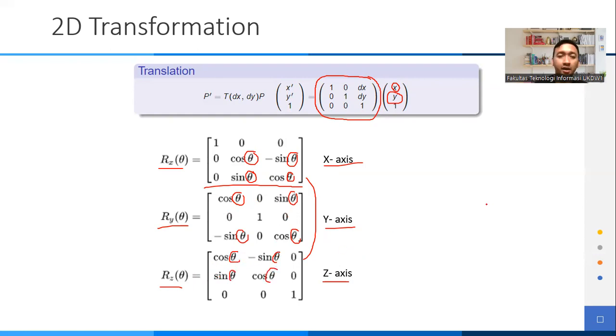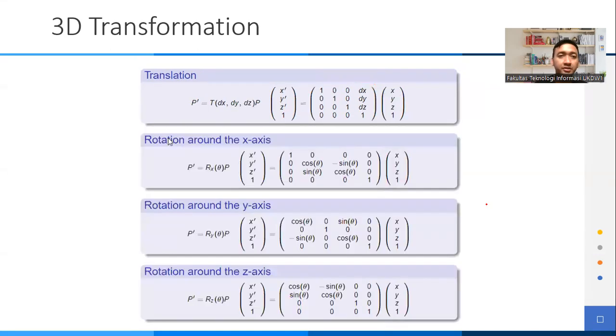Okay, how about the three-dimension transformation matrix? For translation, we have a 4x4 matrix dimension. This one is the transformation matrix for translation, and for coordinates, because this is three dimensions, we have three coordinates, x, y, and z.